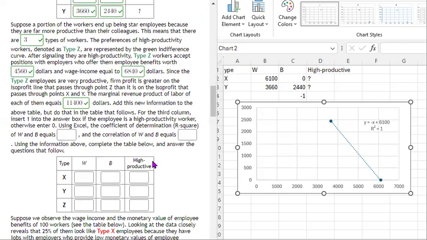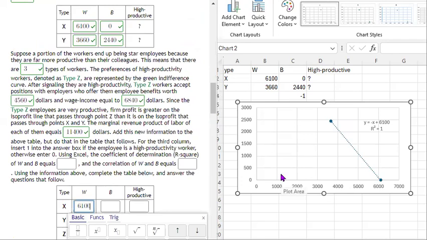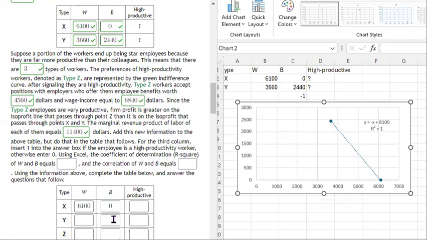Okay, now we're going to add this new information to the table, but we're going to make this table appear longer. So this was 6,100. And the value of the benefits was 0. And then for the Y-type worker, the value of the benefits was 22,440, and the wage income was 3,660.